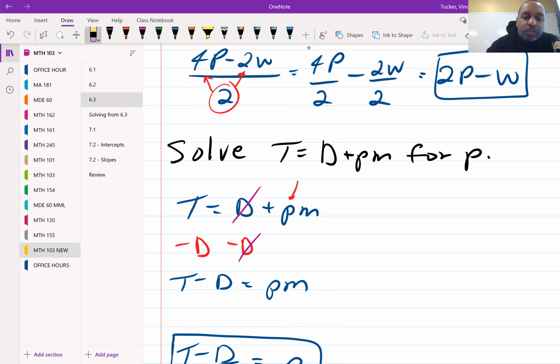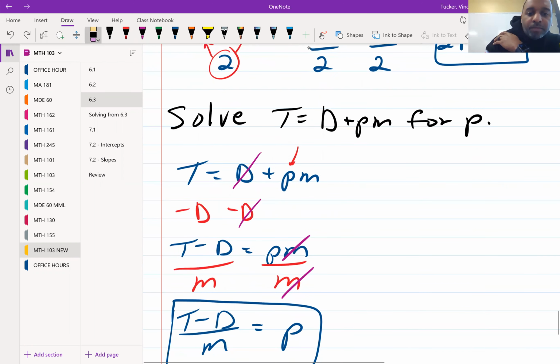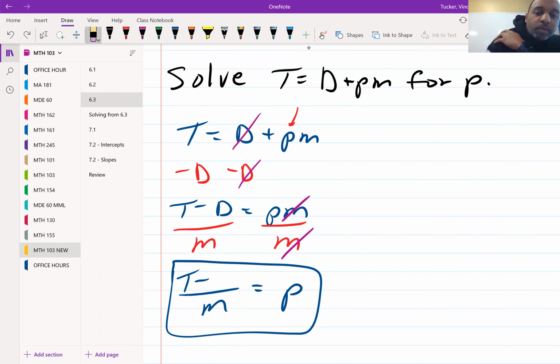So these will cancel, leaving me with T minus D equal to P times M. And then divide both sides by M, T minus D over M, and that's equal to P.